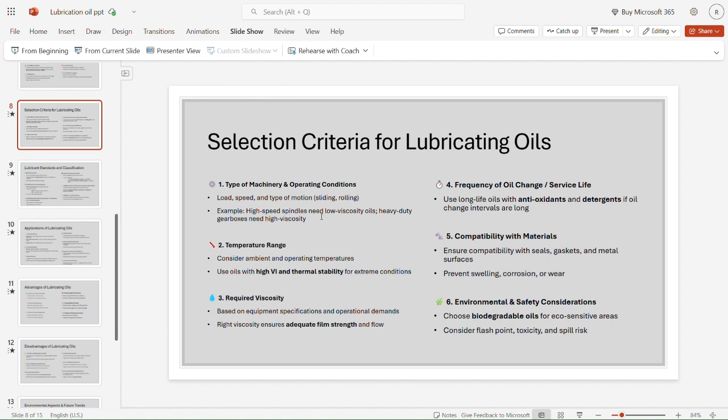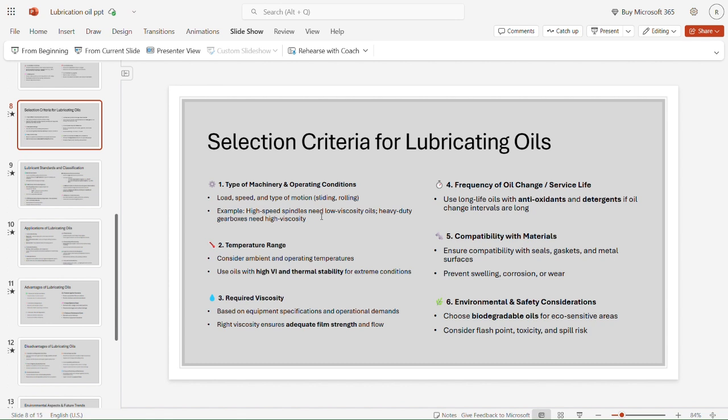The second one is temperature, meaning at what temperature we use the lubricating oil, or how much heat the machine generates, and at which temperature we have to use this lubricating oil. The third one is required viscosity.